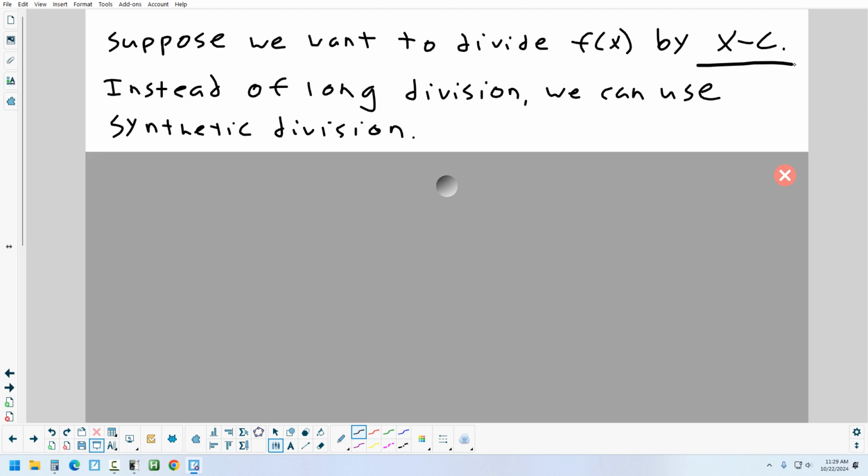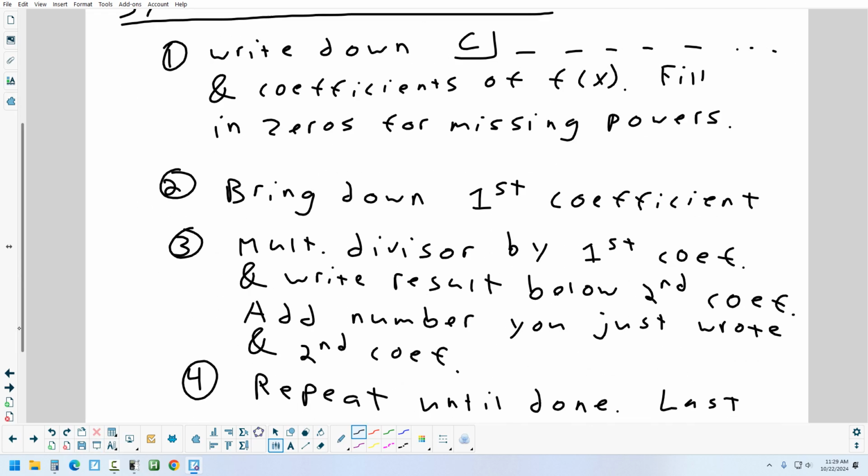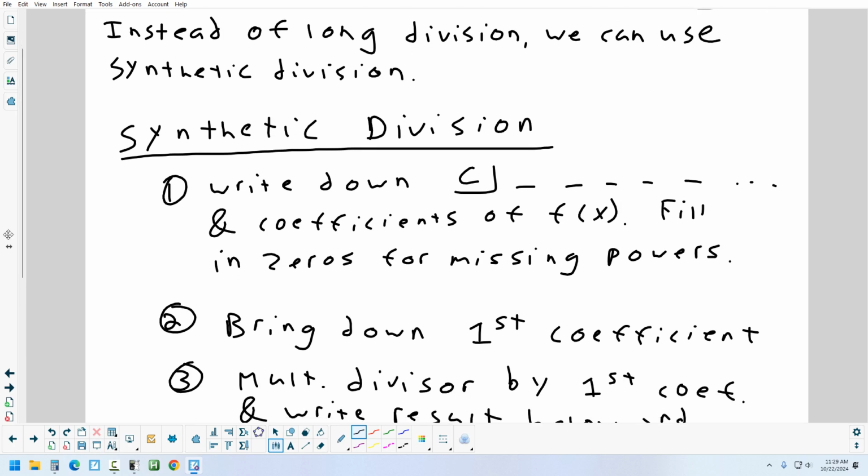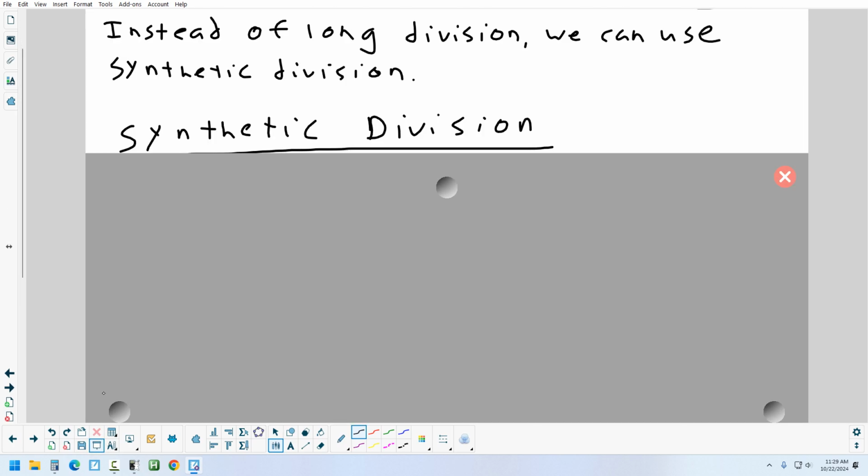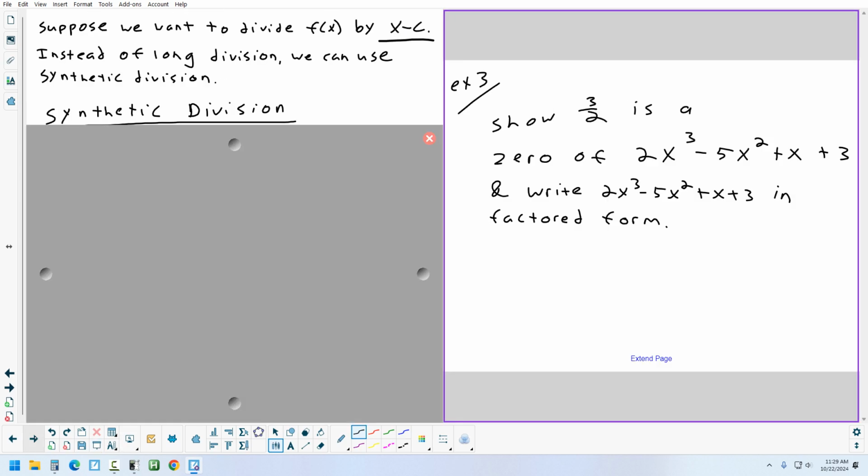All right, so what I will do is, let me see, do I have the example? Okay. I'm going to show you a step, and then I'm going to do that step in a problem, just like yesterday's example. So let's write, I'm just going to reword the directions here.